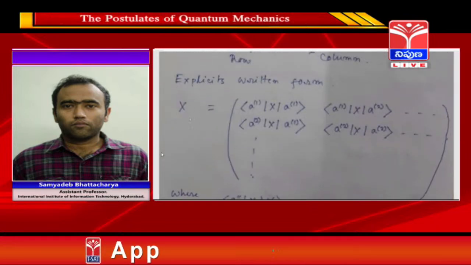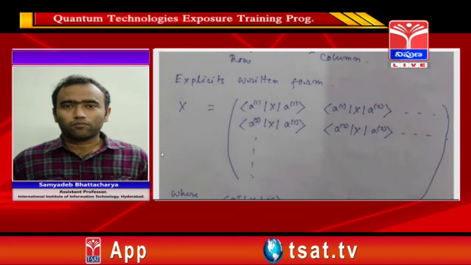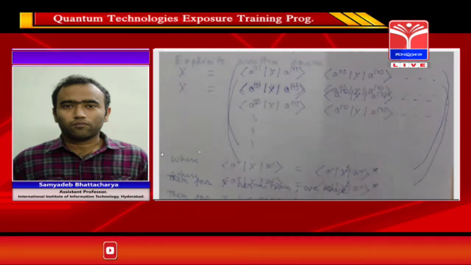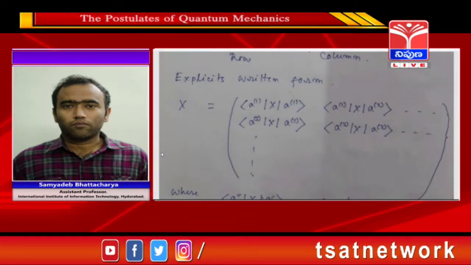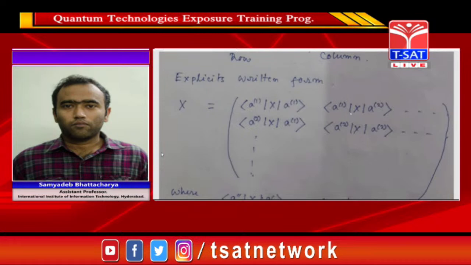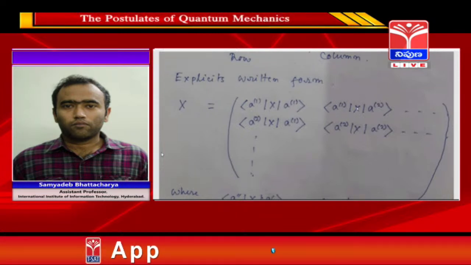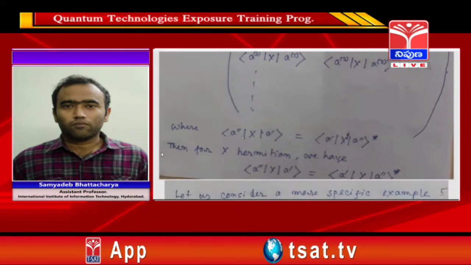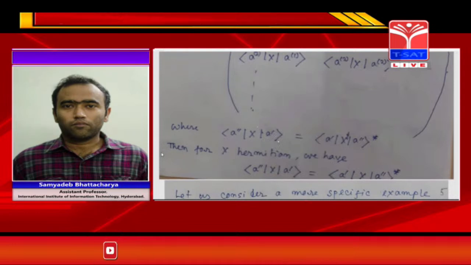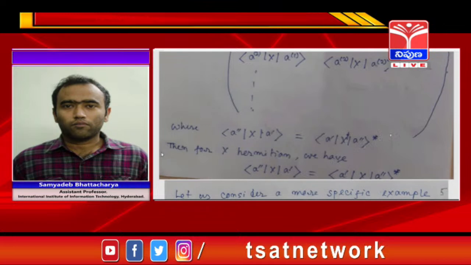Since this X is a Hermitian operator, that is an observable, its diagonal elements should be real and the off-diagonal elements should be complex conjugates of each other. So A double prime X A prime is A prime X A double prime star.